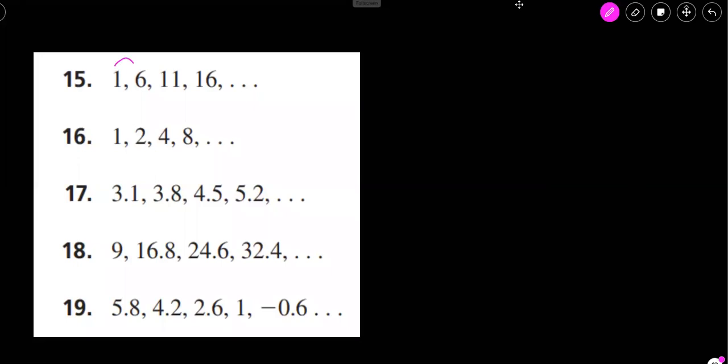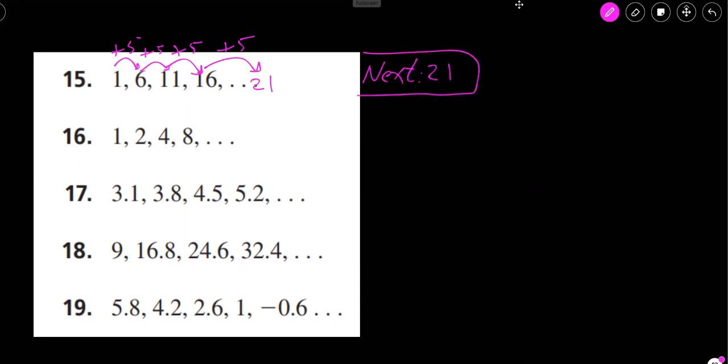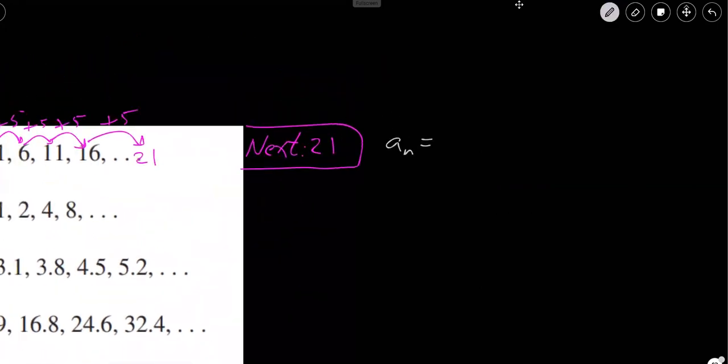Number 15, I'm just adding 5 each time. And if I were to continue this, if I add 5 a 4th time, I go from 16 to 21. So my next value is just 21. And then if I wanted to come up with the rule, I could just use my arithmetic sequence rule from 8.2. Remember, arithmetic sequences all look like this.